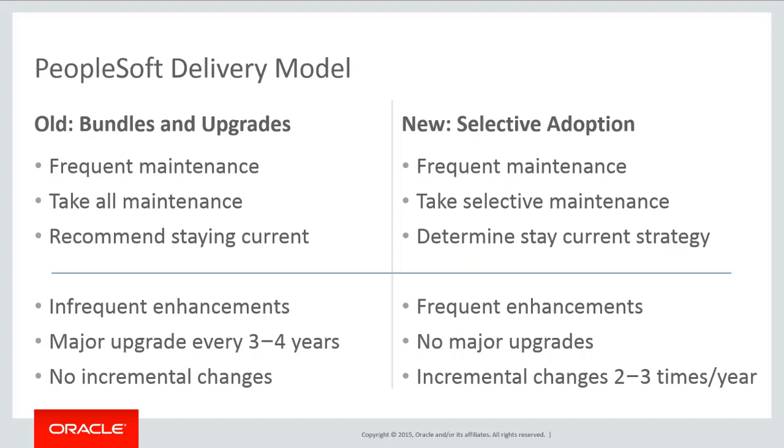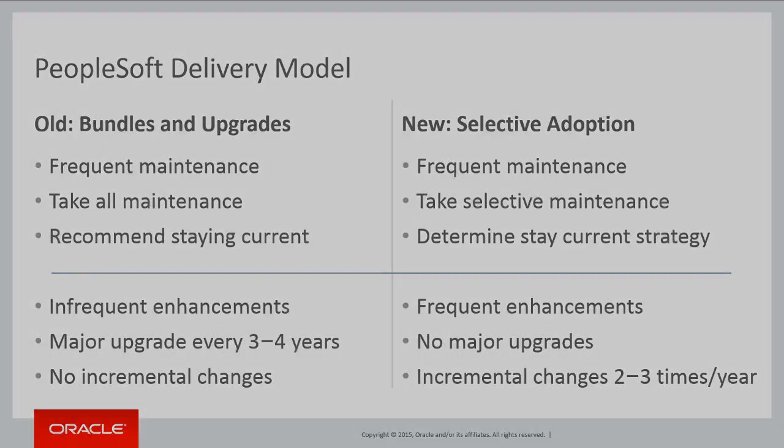With respect to new enhancements or features, there is a dramatic shift with selective adoption. The old model would make you wait several years for new releases and go through an expensive, costly upgrade to get them. Now features are available on a regular basis, just like maintenance. Take them on your schedule as frequently or infrequently as you would like.